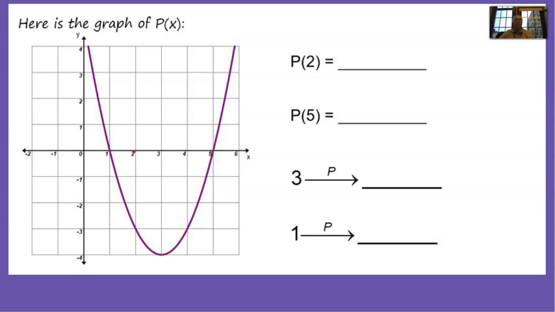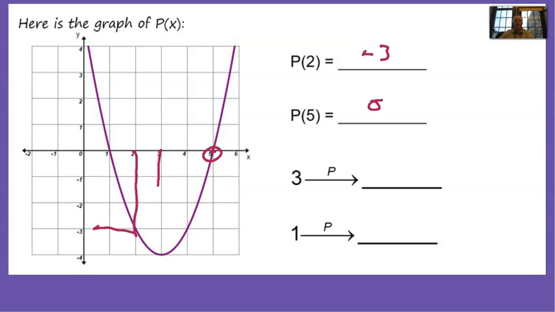So when we put in 2 as the input, we're going to go down to the graph and read off the y-coordinate. That's negative 3. At 5, it's already where it crosses the graph. So if we read off the y-coordinate, that's 0.